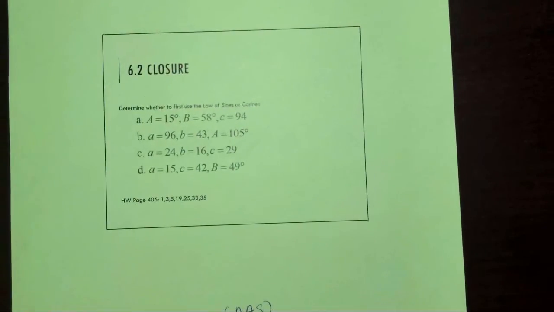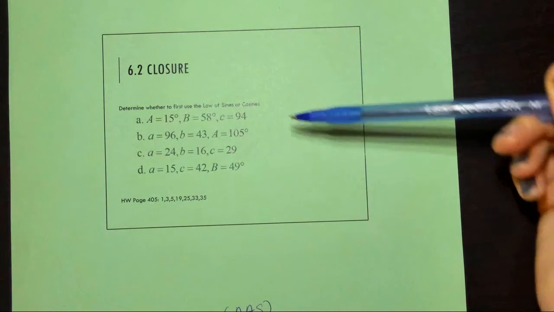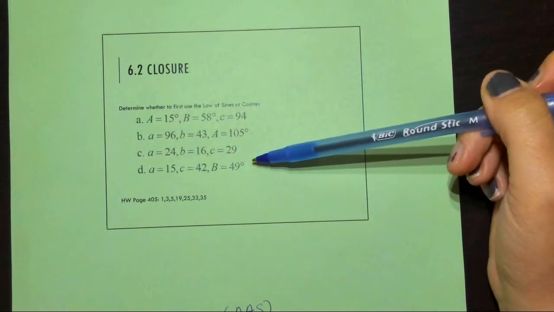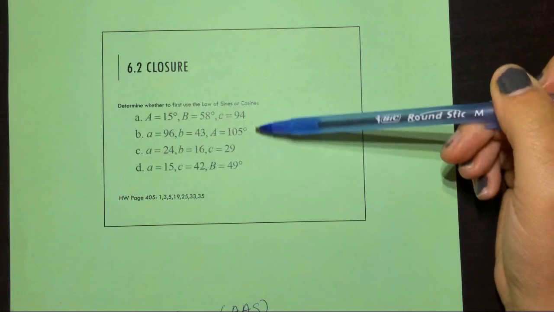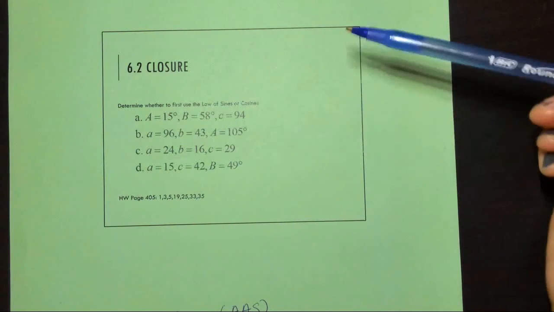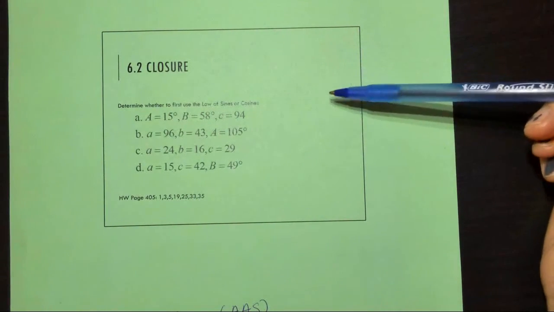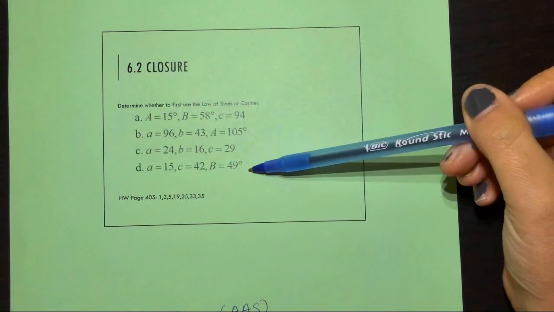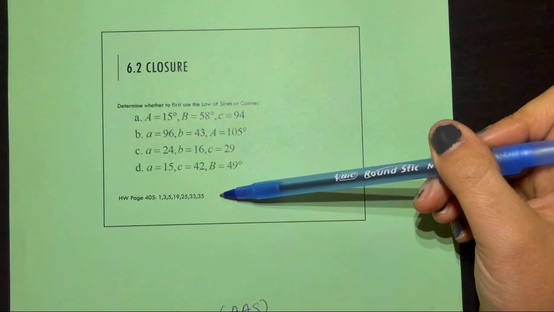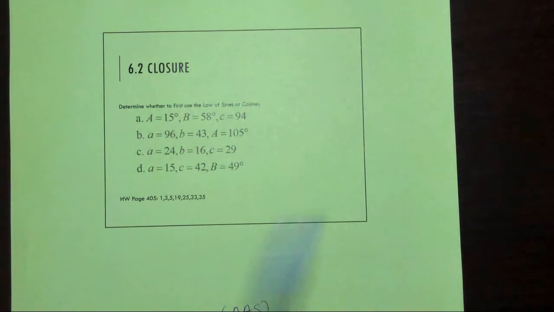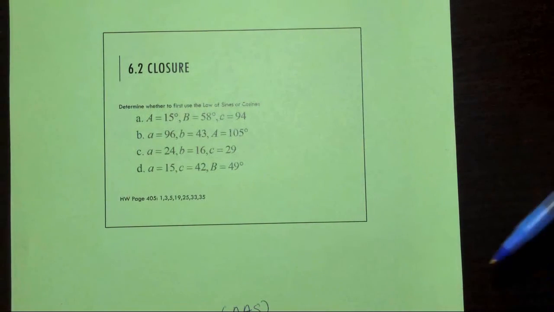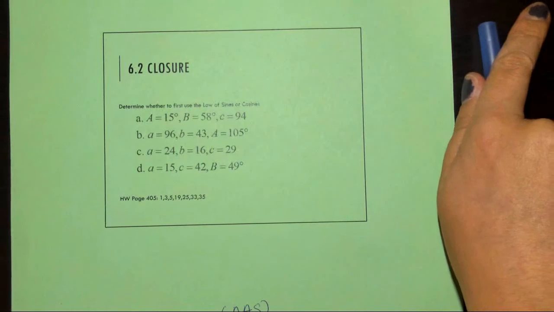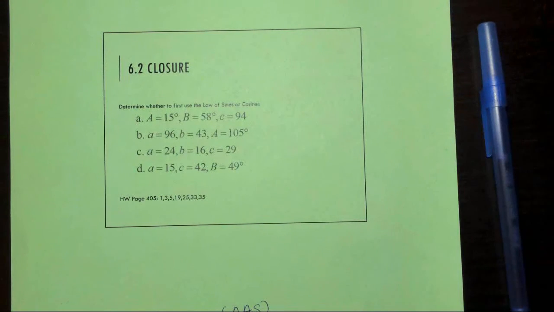Okay, so I'm just going to pause right here for a second. Here are 4 examples for you to just think about which route you would start with. Would you start with the law of sines, law of cosines? So here are 4 of the examples. Your homework for this section is going to be page 405, questions 1, 3, 5, 19, 25, 33, and 35.